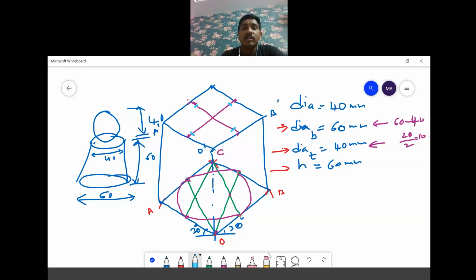On this side I am reducing 10 mm. On this side I am reducing 10 mm, total 20. On this side I am reducing 10 mm. On this side I am reducing 10 mm. Total it is 20 mm.